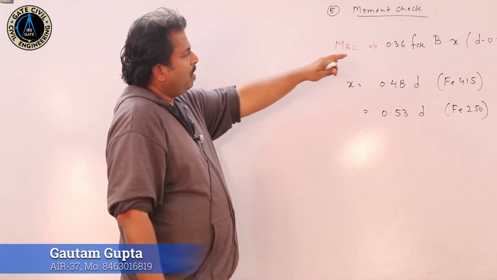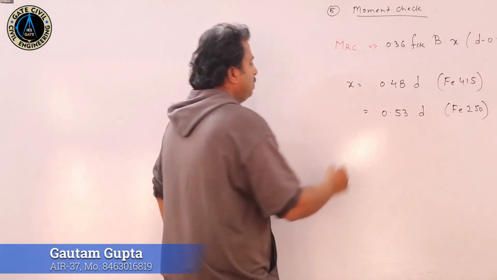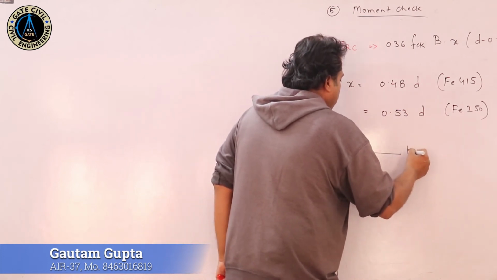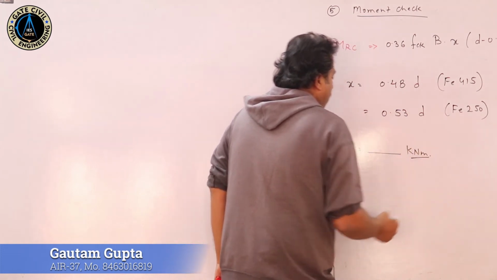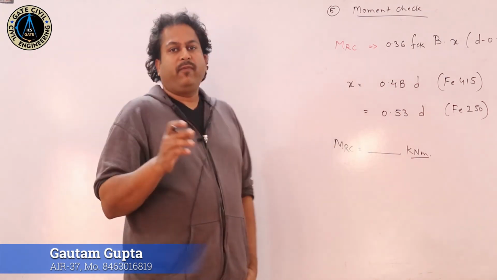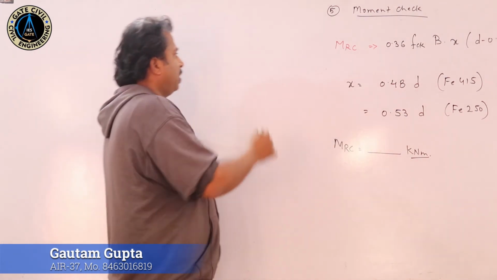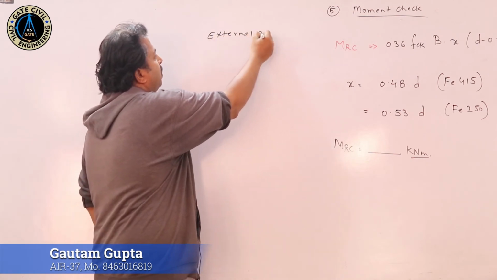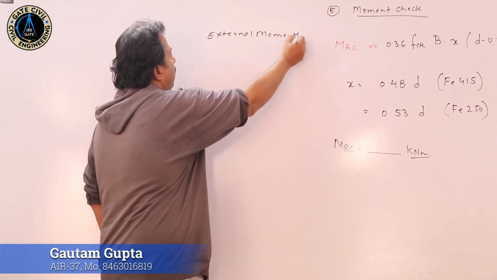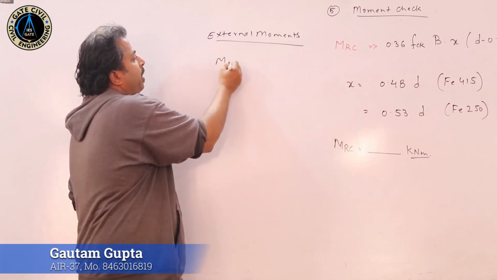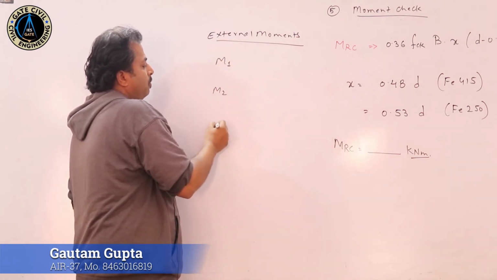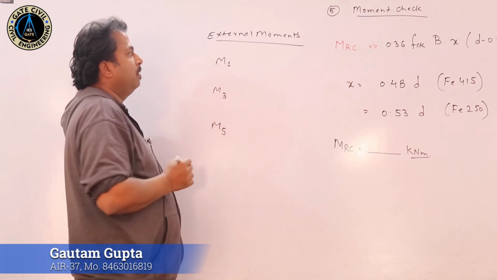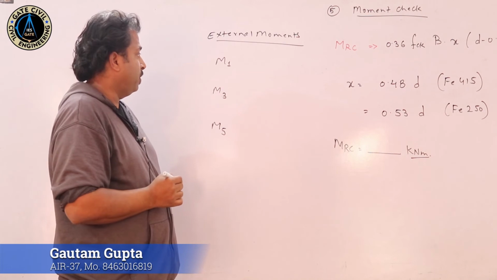So, based on this formula, we can calculate the MRC value in kilonewton meter. Now, as we know that we have calculated the external moments, M1, M3 and M5 at points 1, 3 and 5.